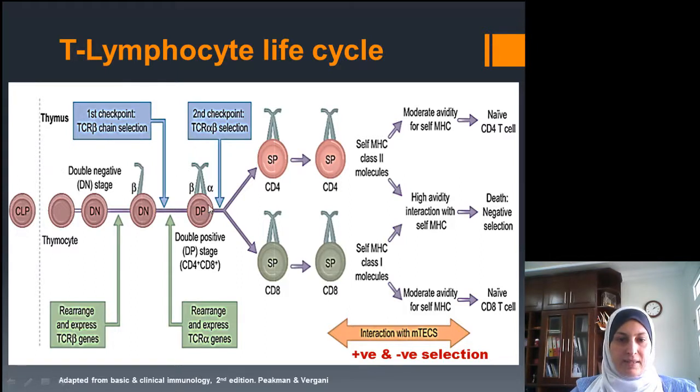Here in the double positive, presenting both alpha and beta T cell receptor, and now in a single positive, so it's either CD4 or CD8, and here it goes into the positive and negative selection, as we're going to show on the next slide. A very important thing to know is that the first step is to be able to recognize self-antigen.